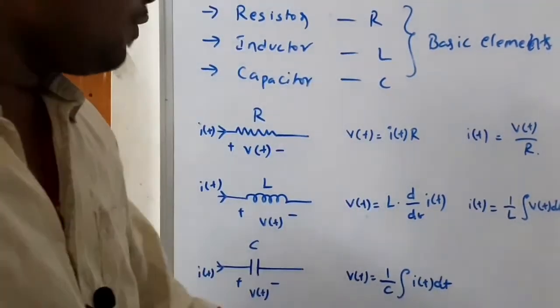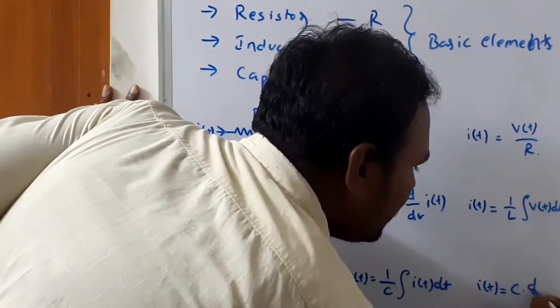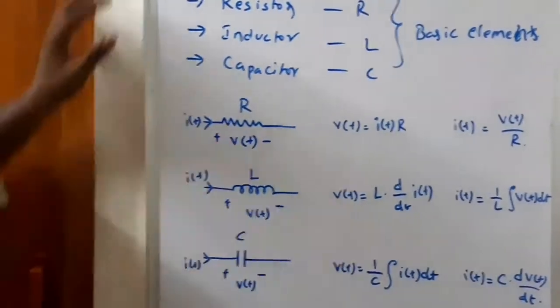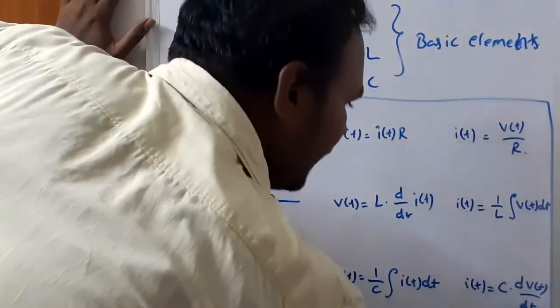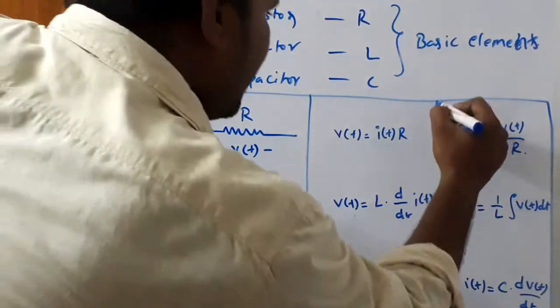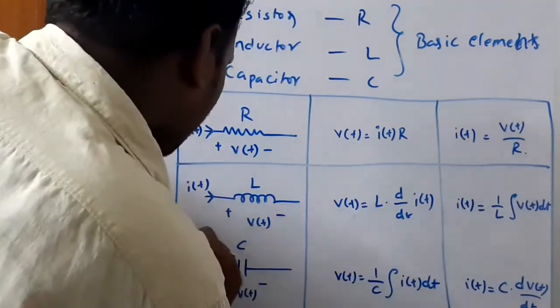This is the voltage relation for the capacitor. And coming to the current relation, i(t) equals C into dv(t) by dt. So these are the voltage and current relations for the resistor, capacitor and inductor.